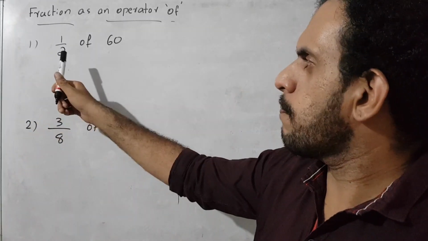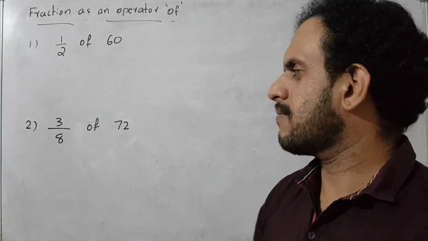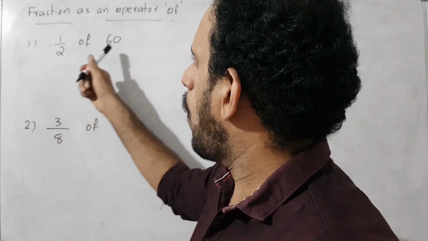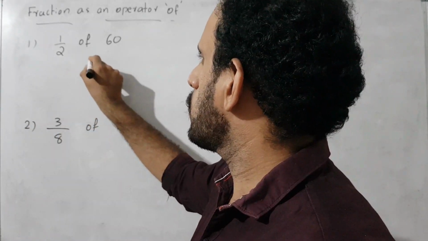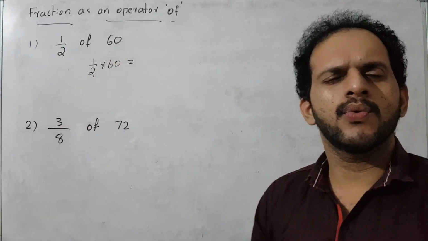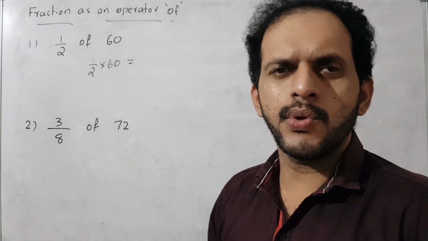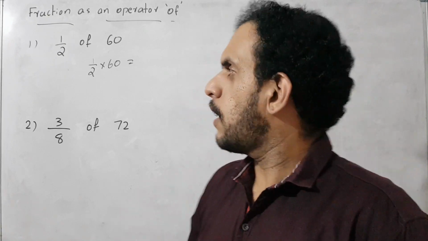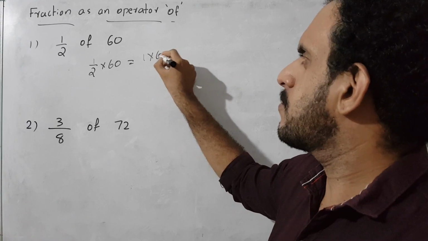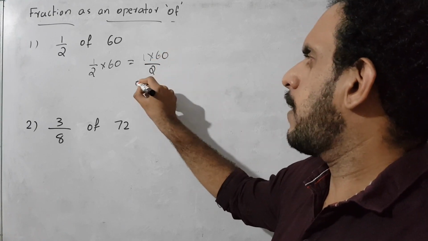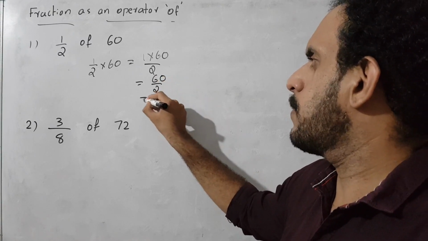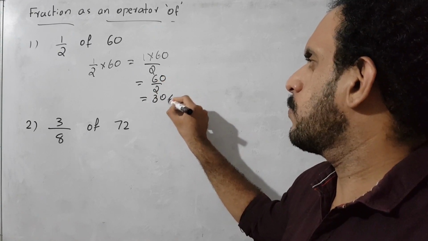The first question is 1 by 2 of 60 and the second question is 3 by 8 of 72. 1 by 2 of 60 means 1 by 2 into 60. Of means into, multiplication. 1 by 2 into 60 is equal to 1 into 60 by 2. 1 into 60 is 60. 60 by 2 is equal to 30.